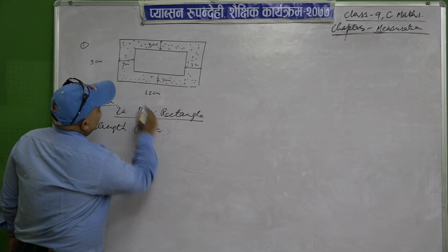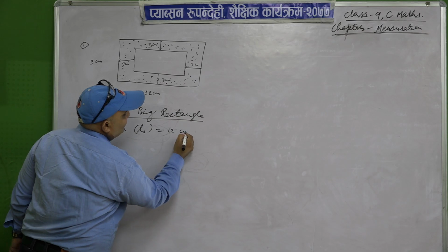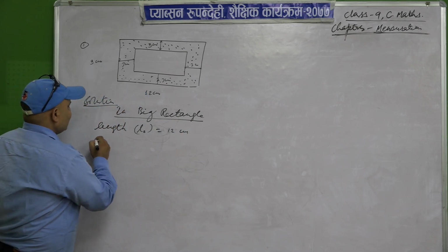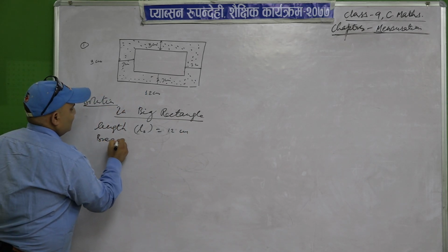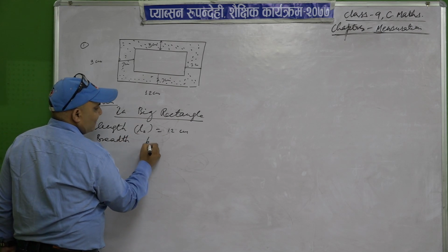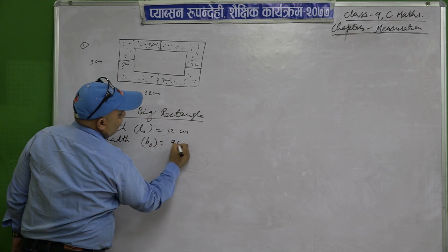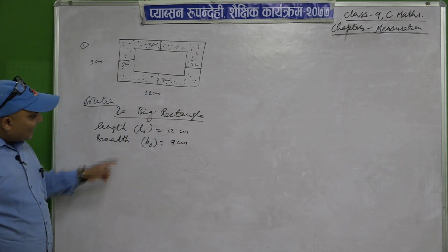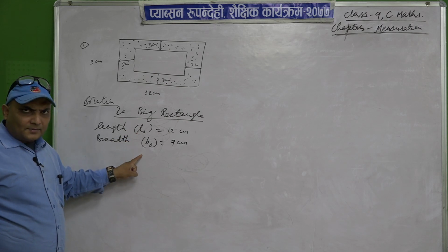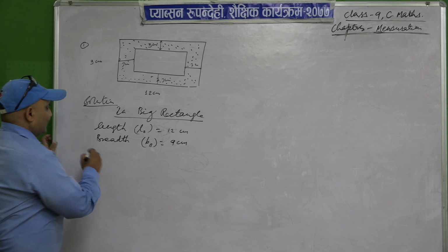The length of the big rectangle is given here, 12 centimeter. Similarly, the breadth of the rectangle is given here, 9 centimeter. So with the help of the length and the breadth, we can find the area of the big rectangle.